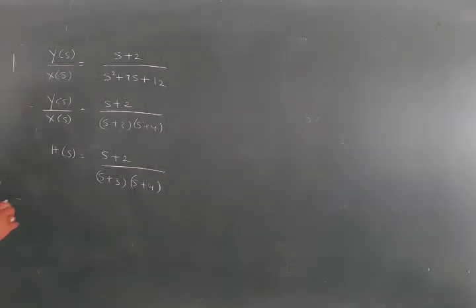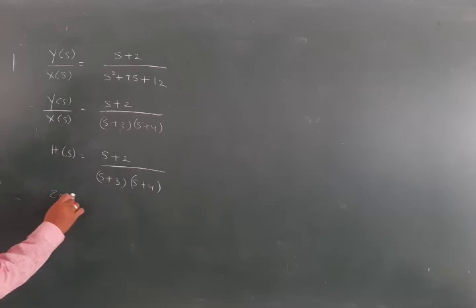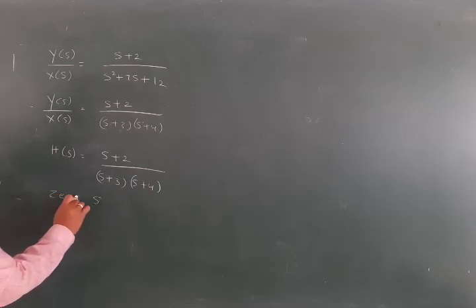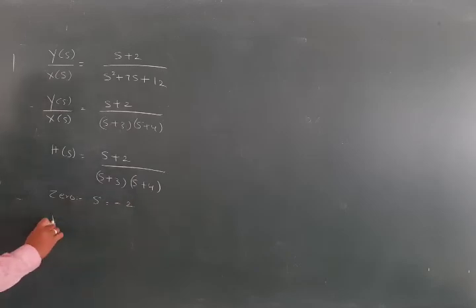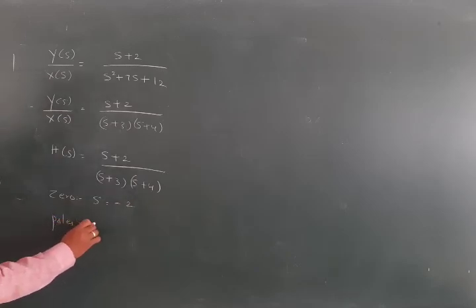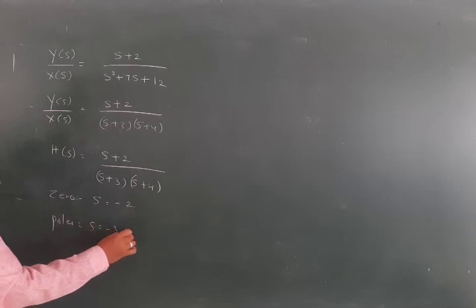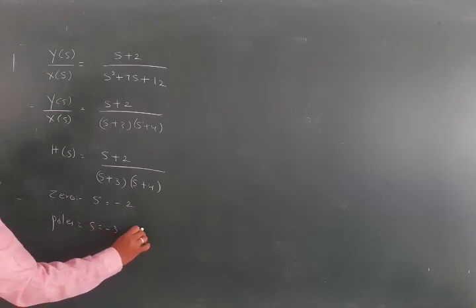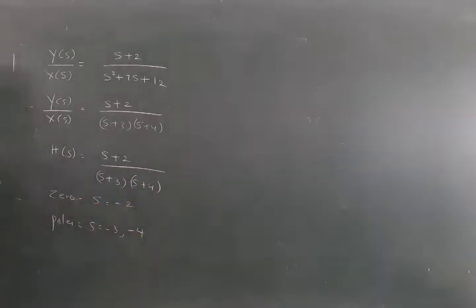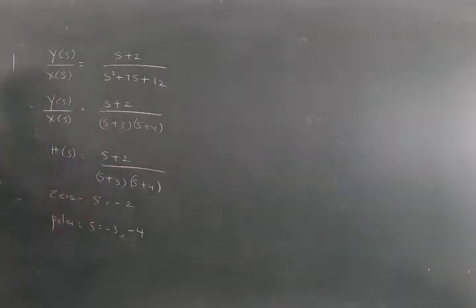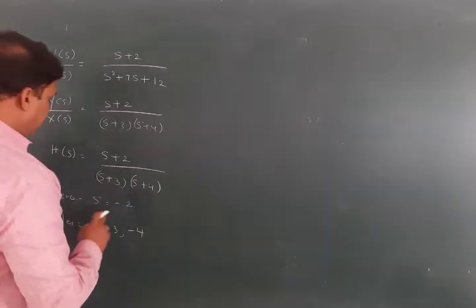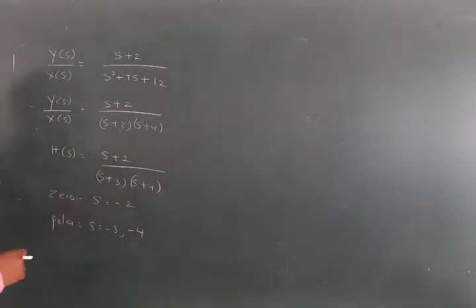Now you have to find out the zero. s is equal to minus 2, and what are the poles? Poles are s is equal to minus 3, minus 4. The denominator s value is called poles, and the numerator s value is called zero. So s is equal to minus 2 is a zero, and there are two poles here, minus 3 and minus 4 from the denominator, and the zero is s is equal to minus 2.